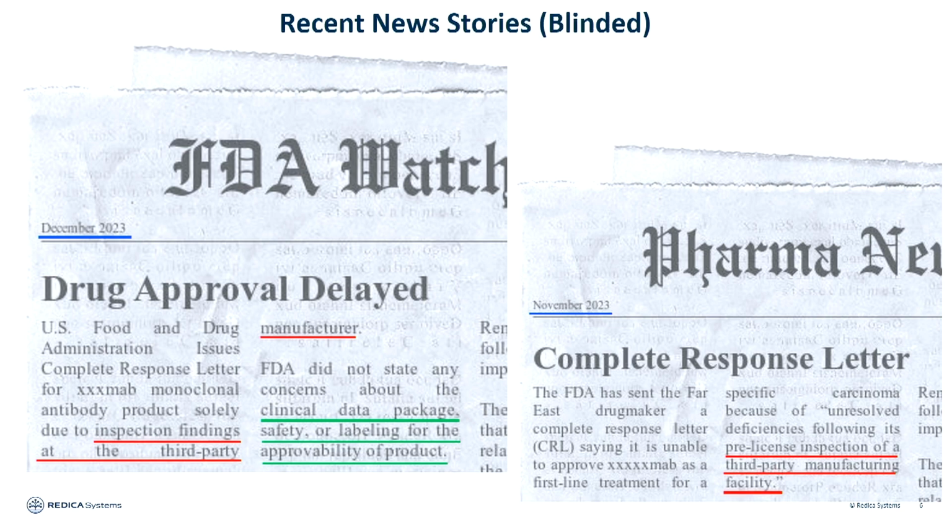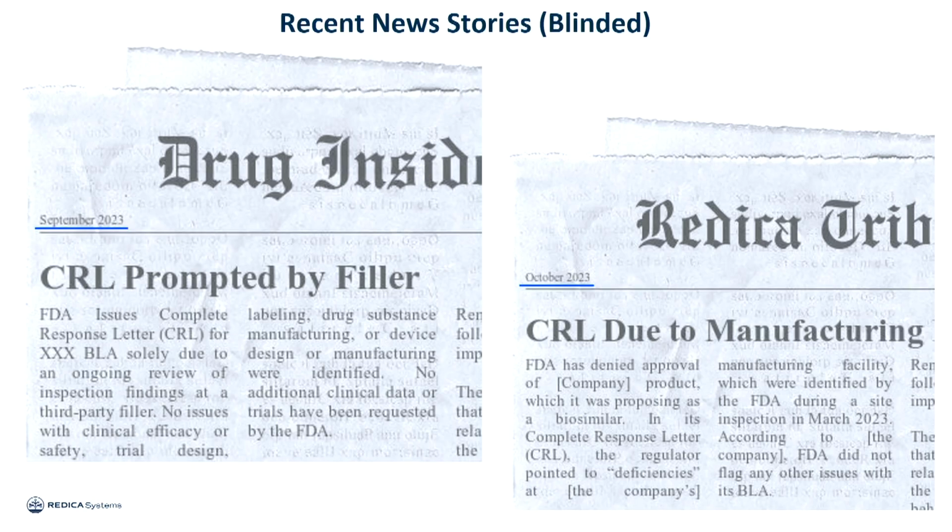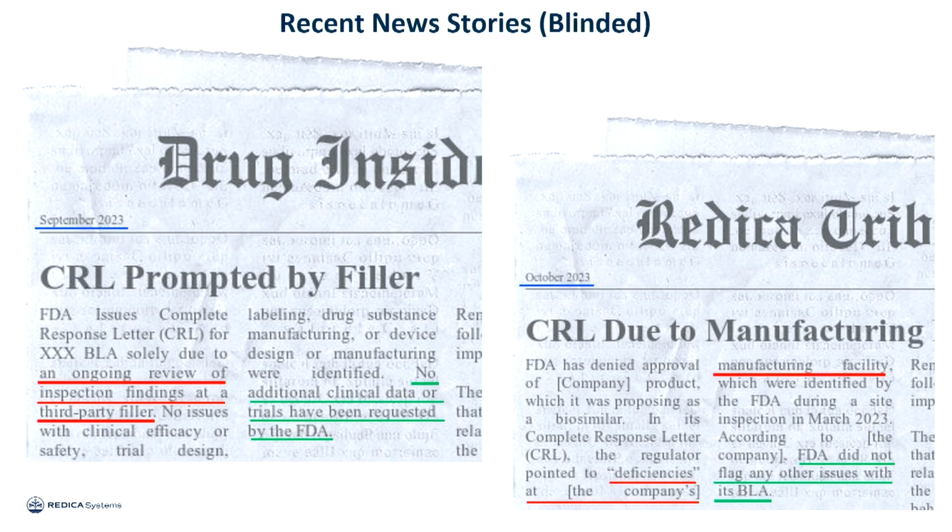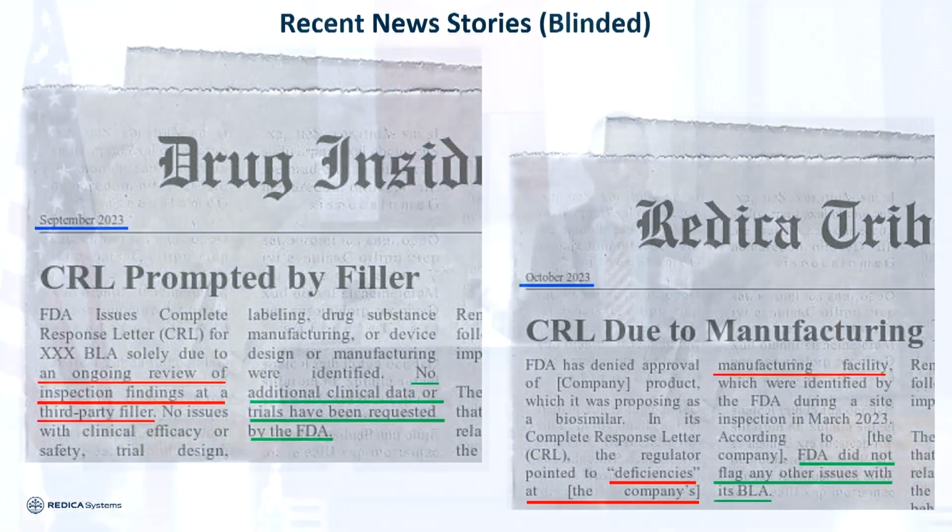And then you can see on the right something very similar, a pre-license inspection of a third-party manufacturer. A couple more just from last fall. A CRL prompted by a third-party filler. No additional clinical data or trials have been requested by FDA. As Jen and Christine mentioned yesterday in their presentations, we're not picking on third-party manufacturers, on CMOs, right?